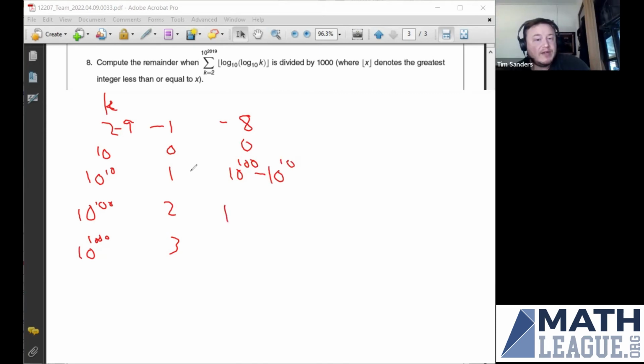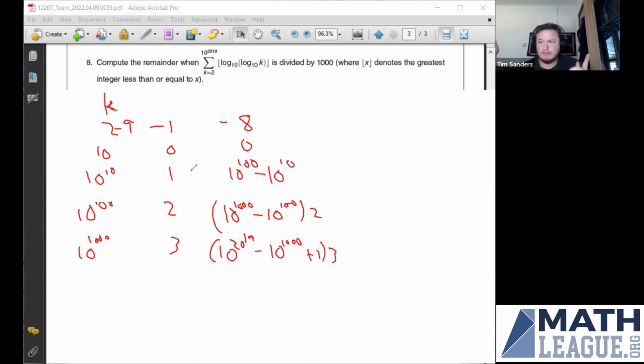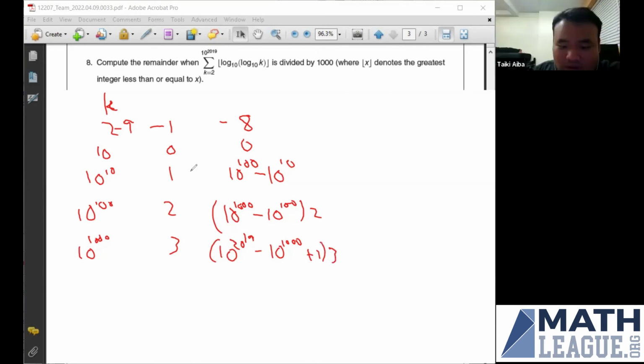Then we do 10 to the 1,000 minus 10 to the 100, and that many 2s. And then this one's the tricky one: 10 to the 2019 minus 10 to the 1,000 plus 1 times 3. Did I get that right? Think so. Yeah.